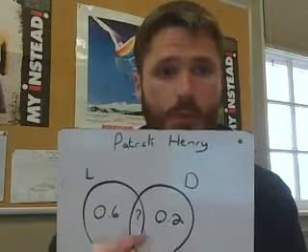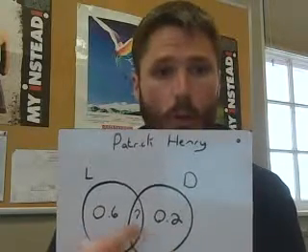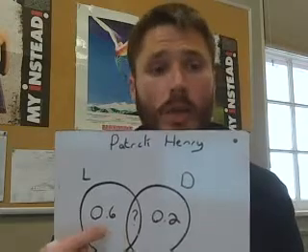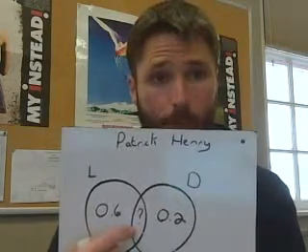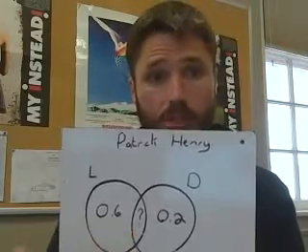So what has to be the leftover from these two? Well, 0.2 plus 0.6 is 0.8. That would mean this region has to be 0.2, or 20%, because that would make up 100% if we add it. So the answer to the first question, in other words the probability that he will die and be liberated, is 0.2.